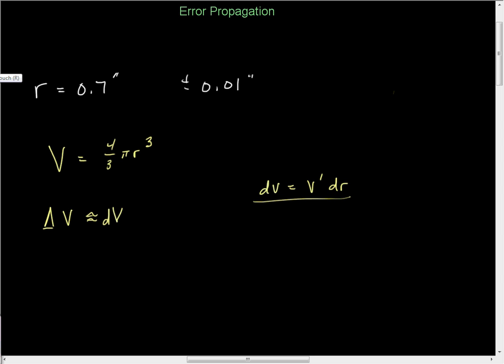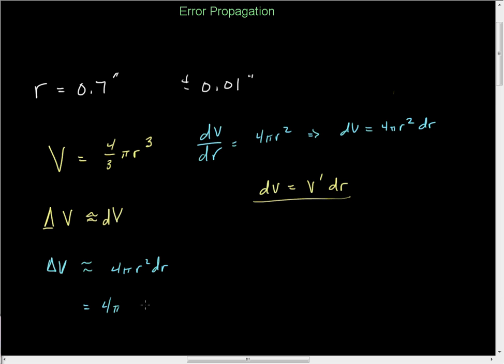Now that means that if we do that, our dV/dr is equal to 4 pi r squared, which implies that dV is equal to 4 pi r squared dr. So the change, or the propagated error on V, is approximately equal to 4 pi r squared dr. Now in this case, it's 4 pi times 0.7, and the differential, or the error associated with that measurement, is equal to 0.01.